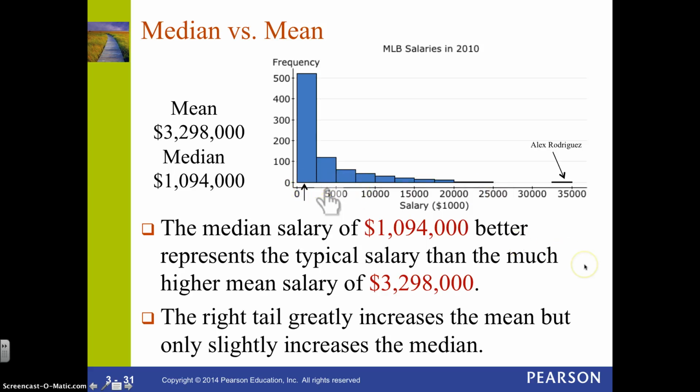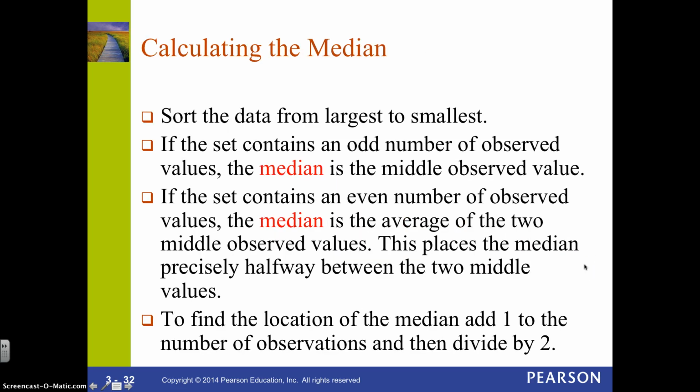To calculate the median, you sort the data from largest to smallest. If you have an odd number of observed values, the median is the middle observed value. Think about holding your hand out in front of you: the middle value is your middle finger, right? You have 2 less than it and 2 bigger than it.